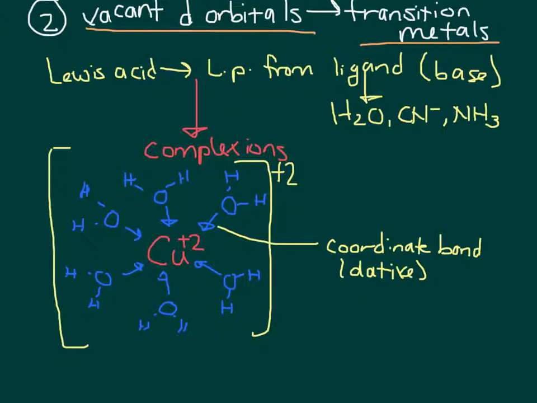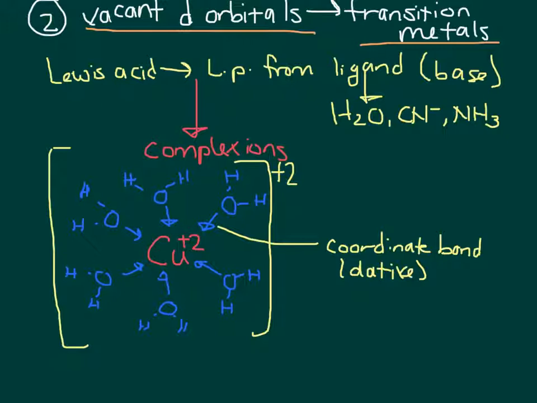The reason being is they have vacant d orbitals. What you have to remember with transition metals is they are going to lose their 4s, 5s, 6s, 7s electrons before they lose any in their d orbital. And most of the time, most of the transition metals have relatively empty d orbitals, as you need 10 of them.